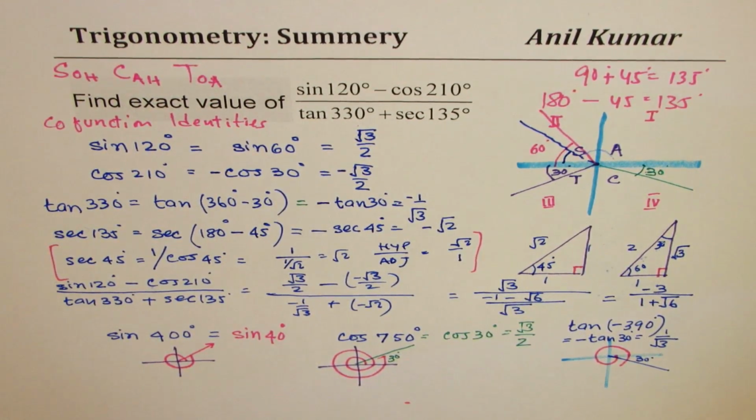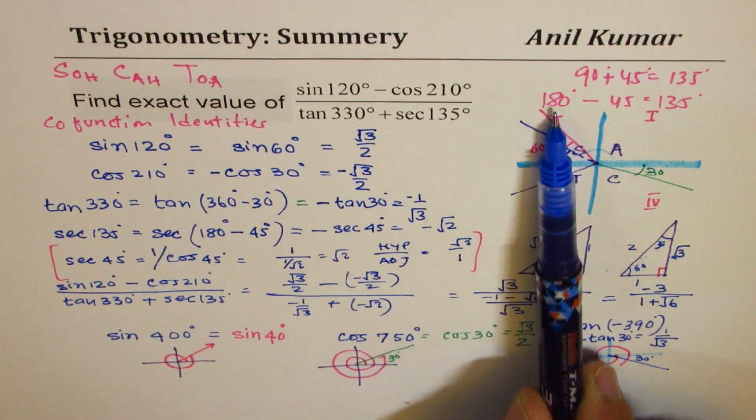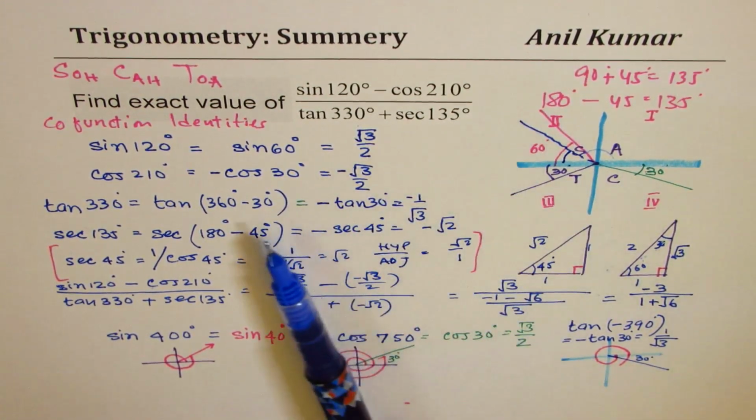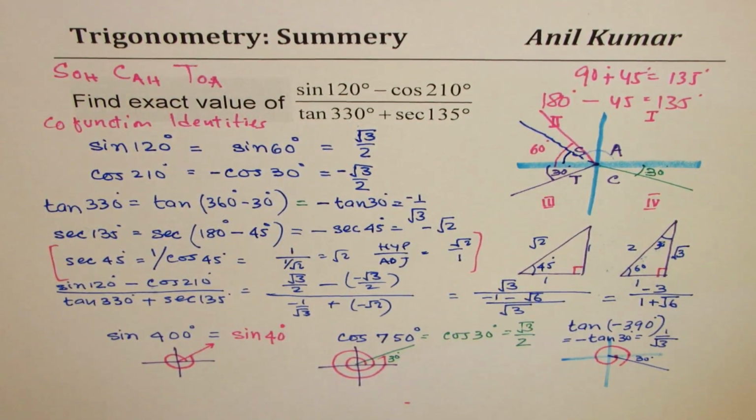Here you learn cofunction identities, and you also see that most of the time we avoid using cofunction identities. Given such problems, we try to relate them with 180 degrees or 360 degrees. Do you see that? Correct? So that's the case.